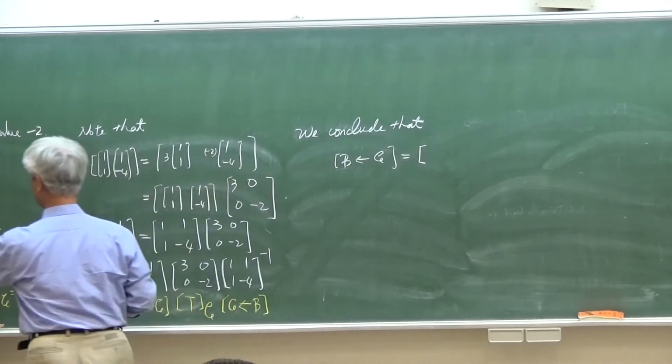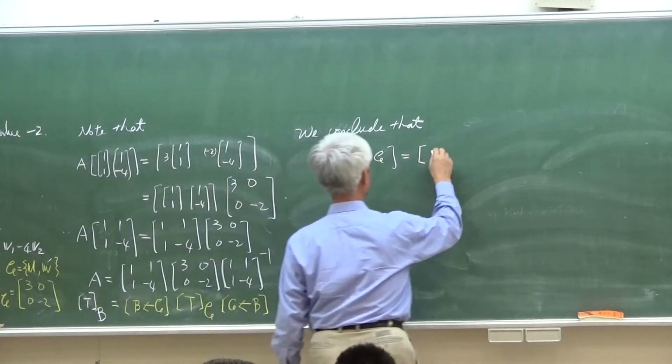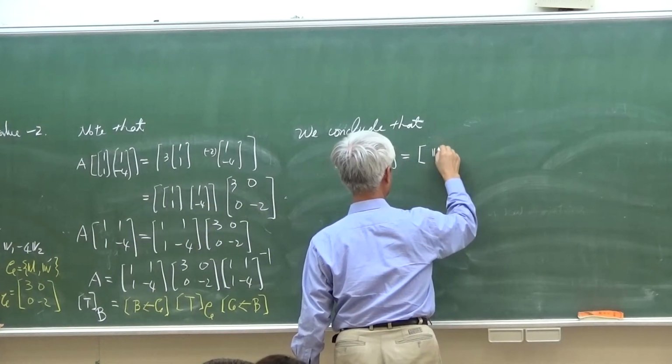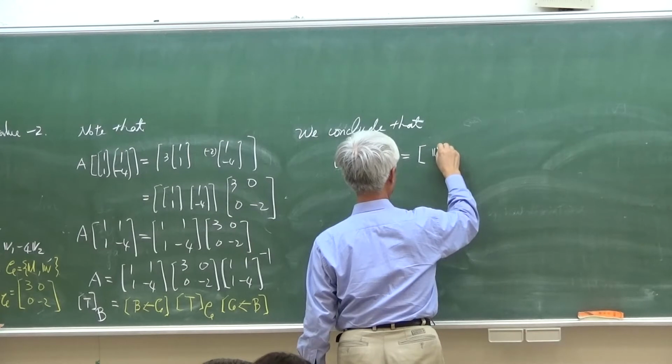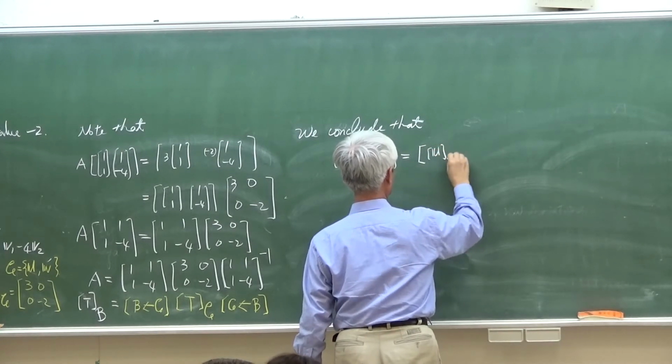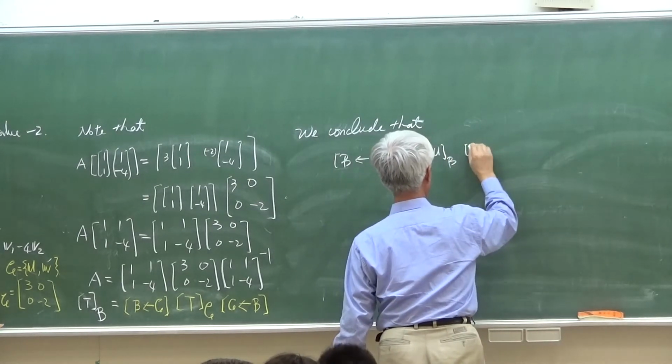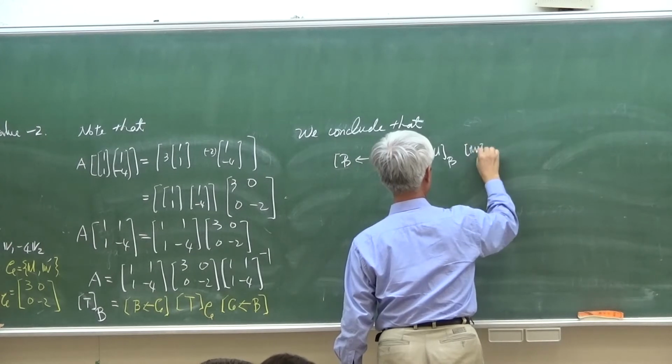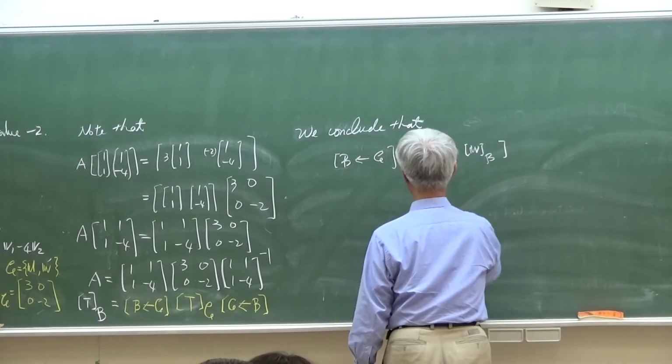So this is U. We know this is U, right? W. Okay.